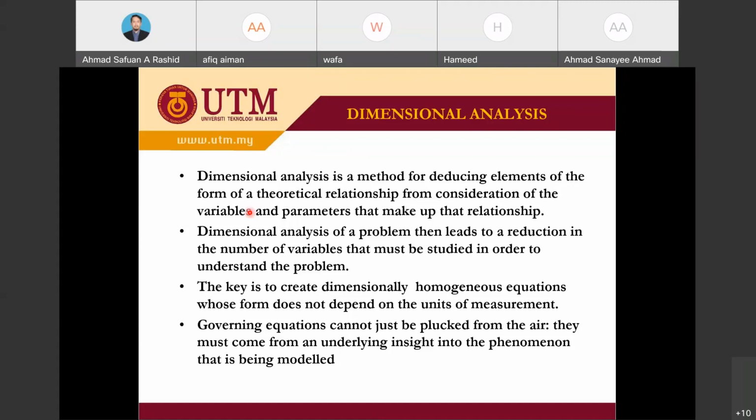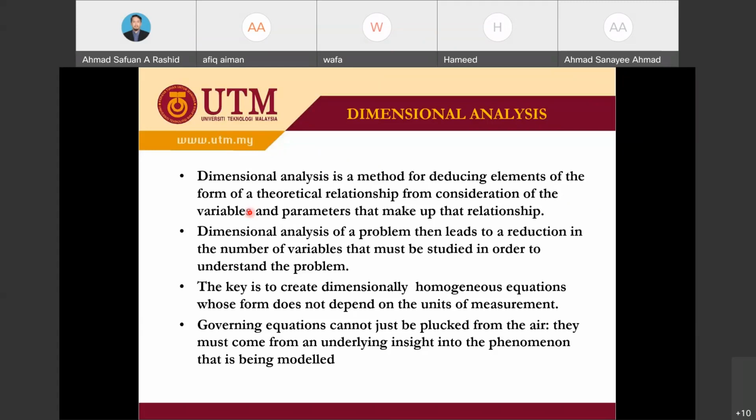So when we divide the unit weight times what we call the meter over Cu, at the end the stability number doesn't have any units. So governing equations cannot just be plucked from the air.